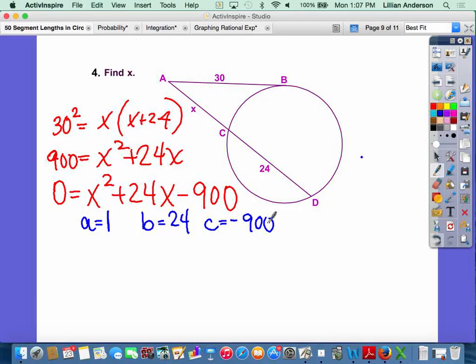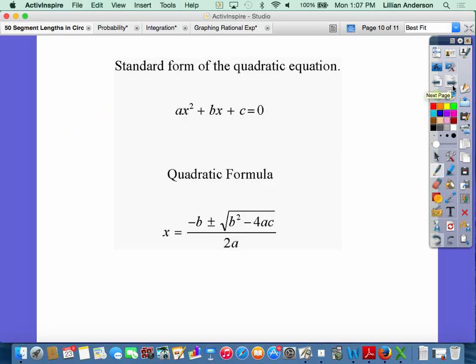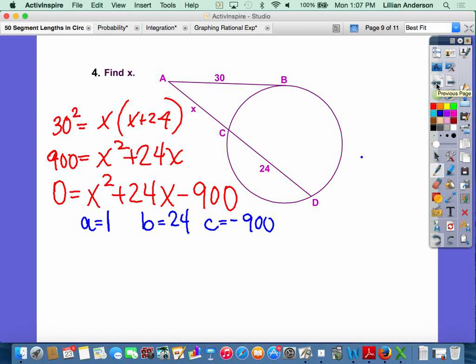So basically you use the quadratic formula and plug in those values for A, B, and C. Negative B, so negative 24 plus or minus the square root. But see, it's simple.